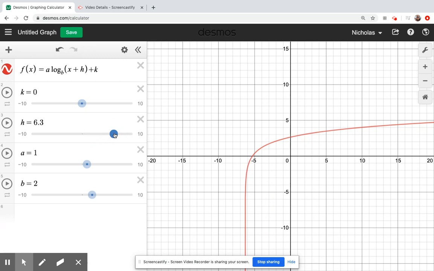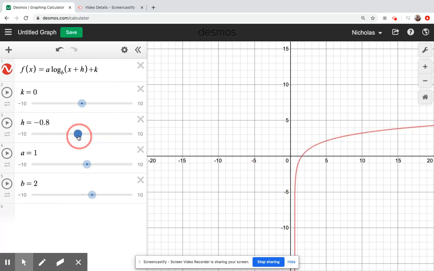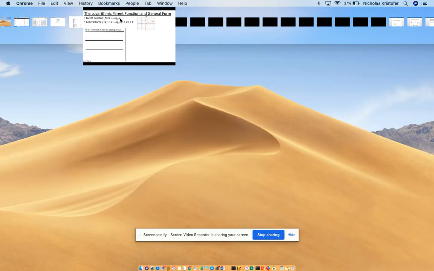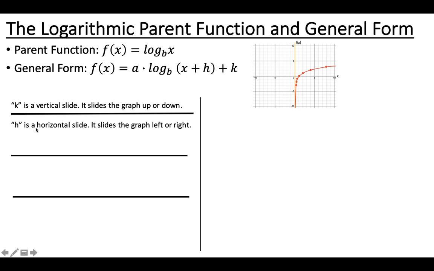Actually, it's the opposite of what your straightforward guess might be. And if you make it negative, it actually moves it to the right. Okay, so I'm going to put this back now, and we'll put that in our notes here: h is a horizontal slide. It slides the graph left and right, and h does the opposite of what you think. If it's positive, then the graph will move left.